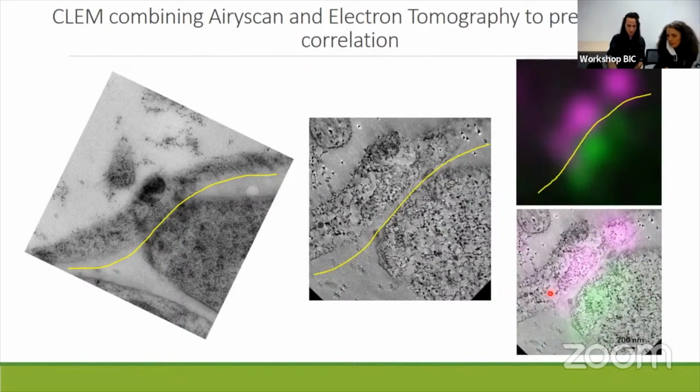And as you can see here, to achieve electron tomography, we have to use fiducial gold particles. So it's another step that could be critical too, that can sometimes destroy your sample.